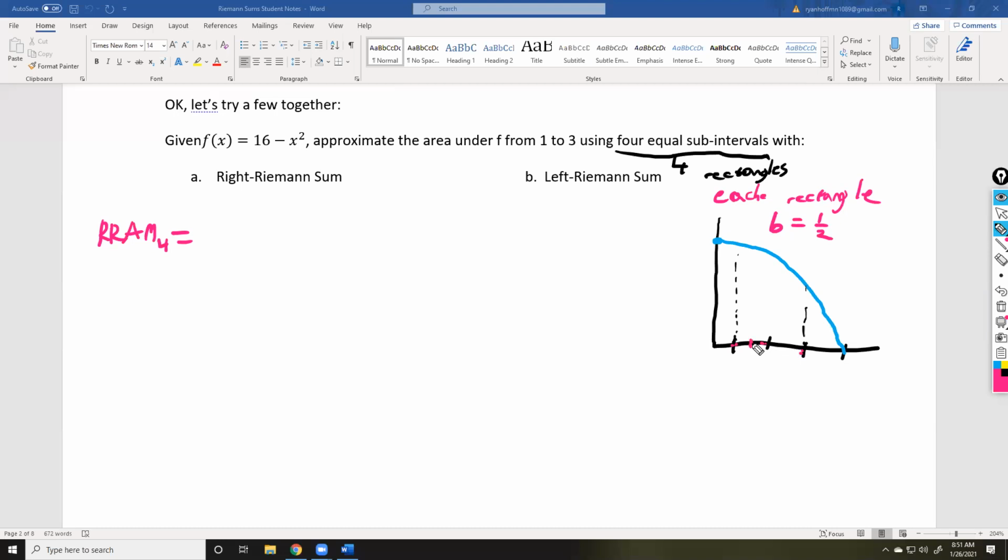And so let's mark off our 4 points. And if I'm choosing which point to use as my height, remember my height for a right Riemann sum is going to be the right endpoint. So I'm going to start by choosing my rightmost endpoint.